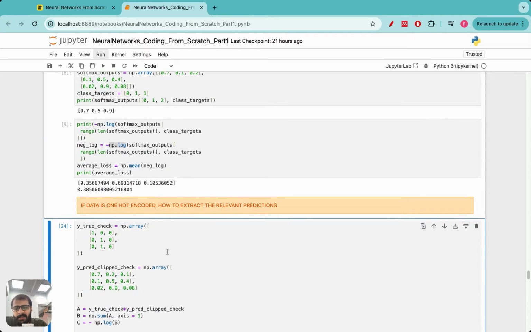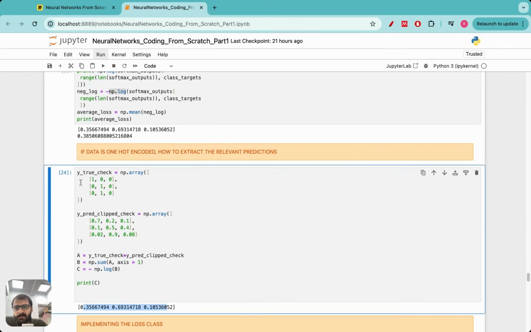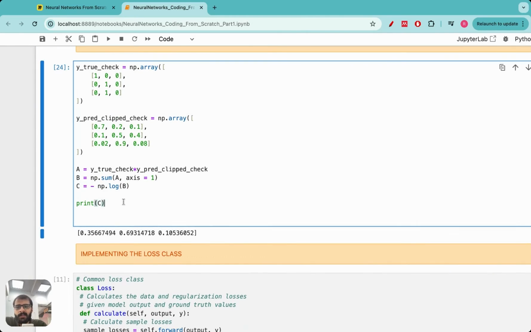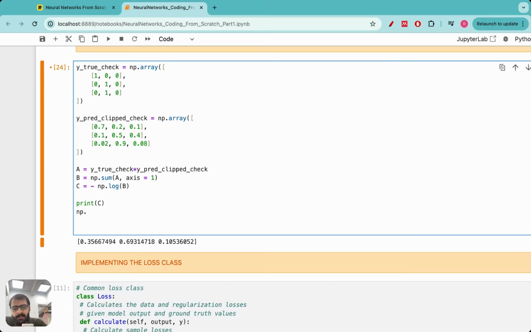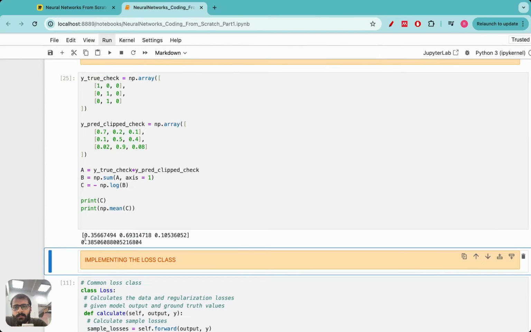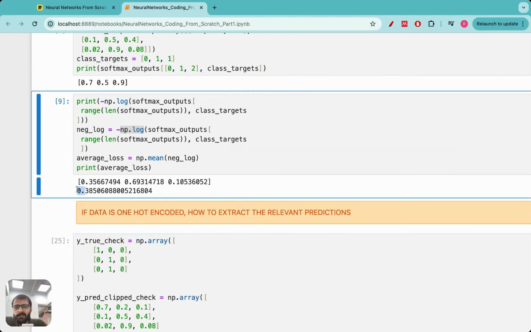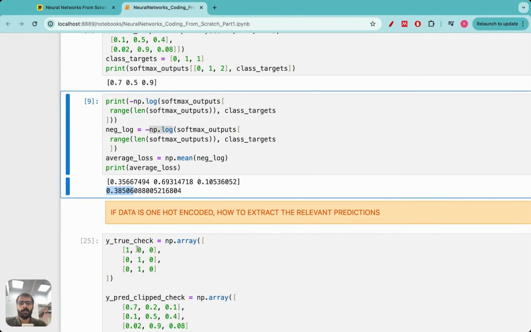So then C will be these loss values, which are exactly the same as the loss values we got when the class labels were just numbers. And then I will just take np dot mean of C, and let me print this. So then we get a cumulative loss of 0.385, which is exactly the same loss as we had gotten earlier.